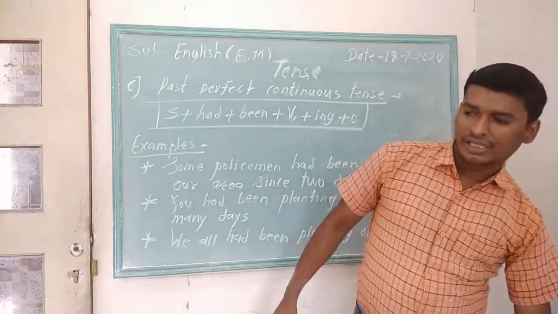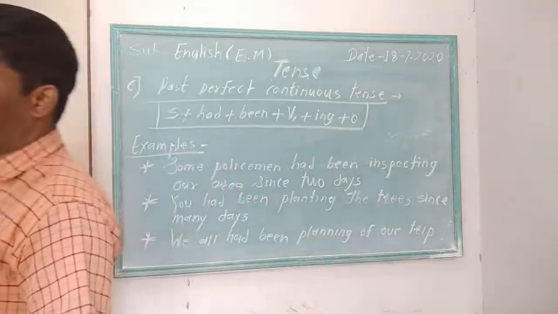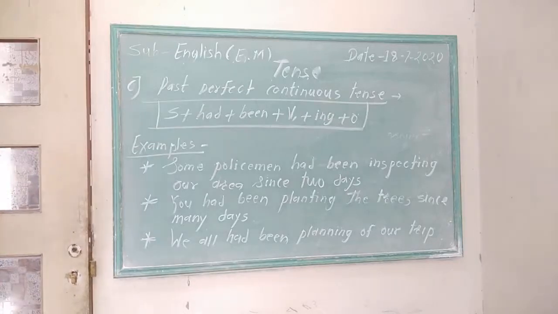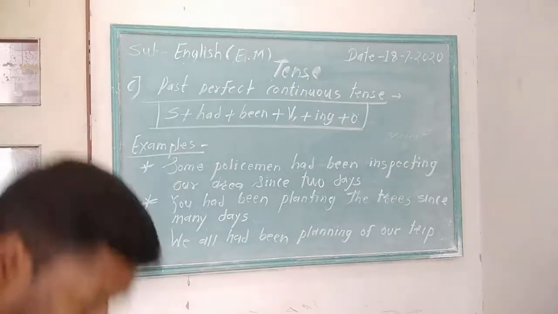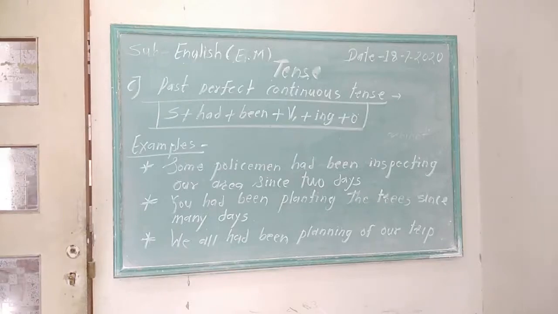After these examples, write 4 to 5 sentences of your own. Right? These sentences: Some policemen have been inspecting our area since 2 days. You have been planting the trees since many days. We all have been planning of our trip.